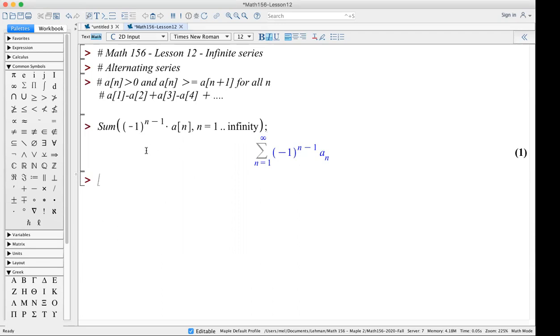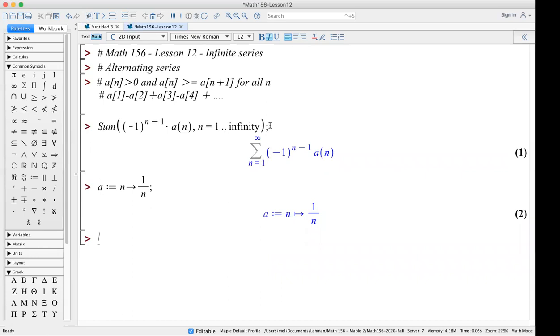So let's take a simple example. Let me write it as a function. n goes to 1 over n. I'm writing this as a function a of n. And now, this is the infinite series.